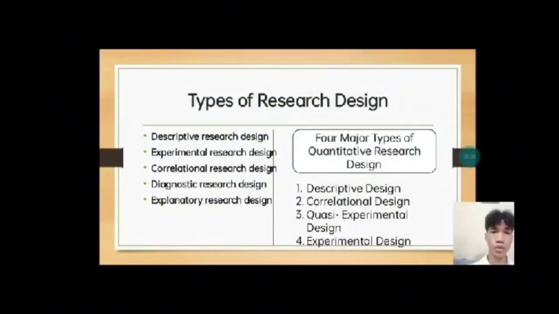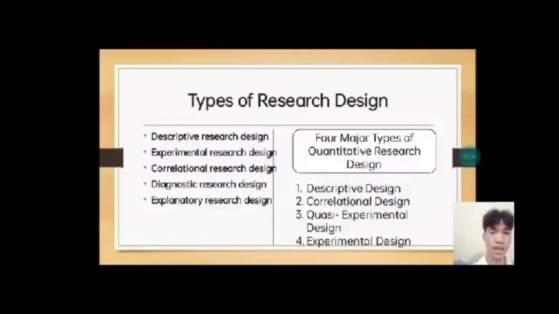So let's move on to the third research design, the quasi-experimental design. This sort of design resembles a true experimental design, and it is utilized when a standard research design is not applicable. However, it is not based upon randomized sample groups.